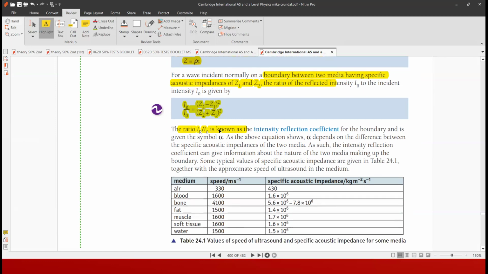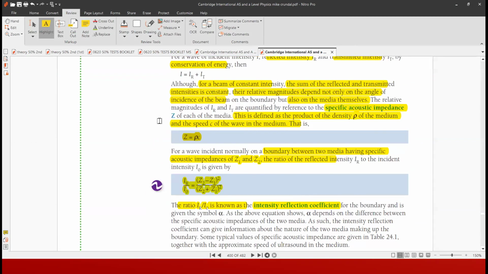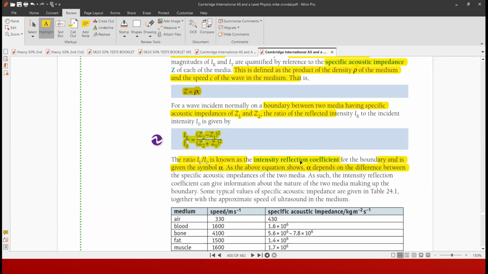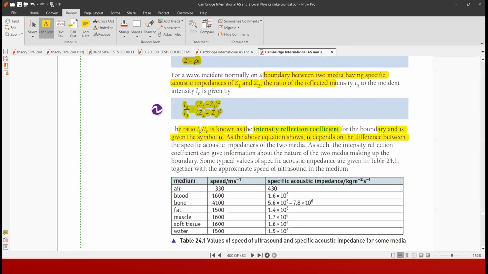Here, IR over I naught is known as the intensity reflection coefficient, denoted alpha. You must remember these two terms: the specific acoustic impedance Z, which equals density times C, and the intensity reflection coefficient. Alpha depends on the difference between the specific impedances of the two media, so the intensity reflection coefficient is given by the nature of the two media making up the boundary.